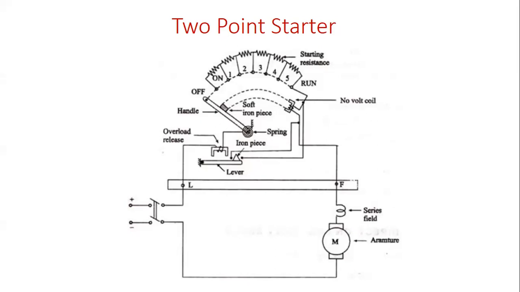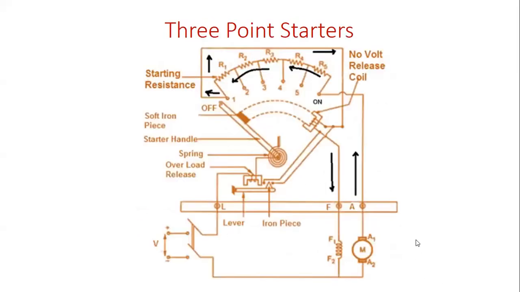If that is the case, then what do we want to do? We want to go for a 3-point starter. So this is the circuit diagram of a 3-point starter.